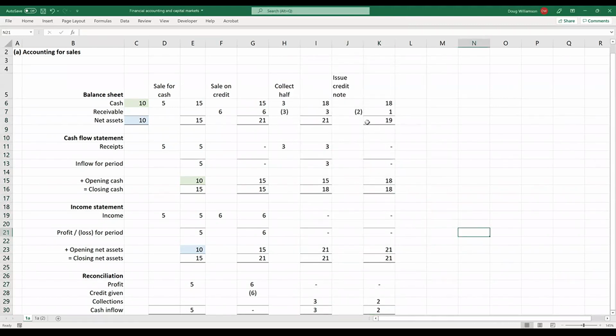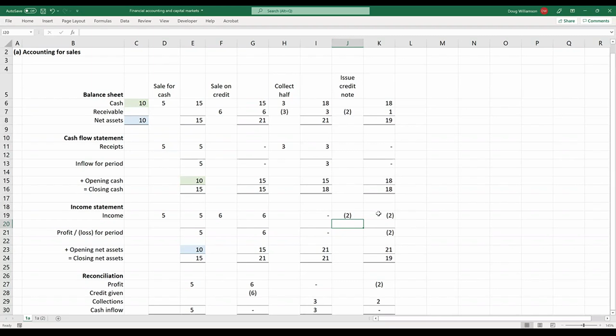So our net assets have gone down. And the reason for that is a sale we'd previously made. So we'd booked some income. We're now telling the customer, you don't have to pay us for that. So we need to reduce our income.